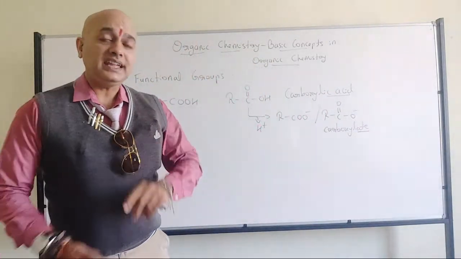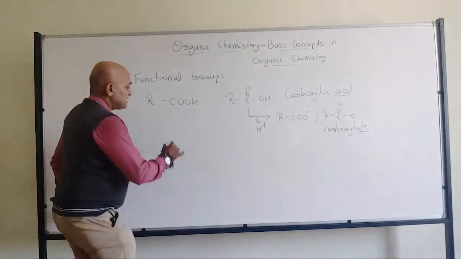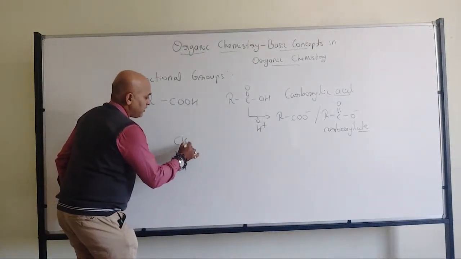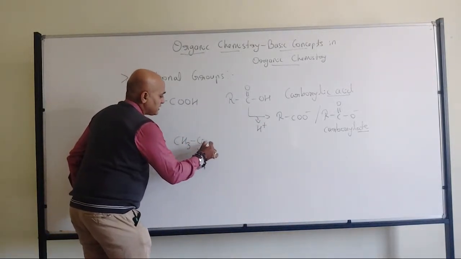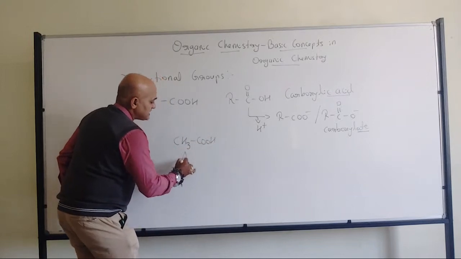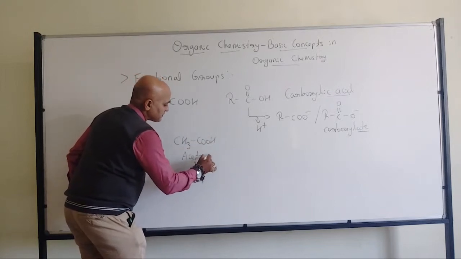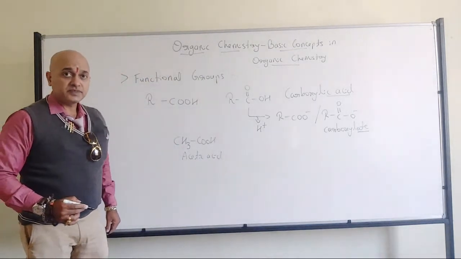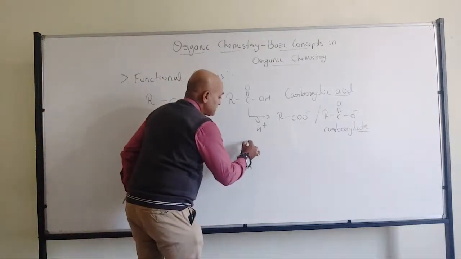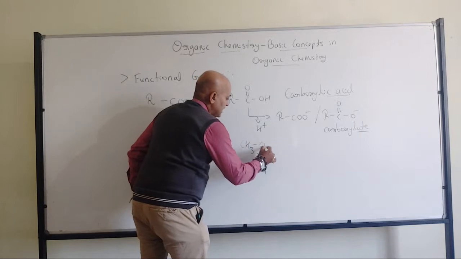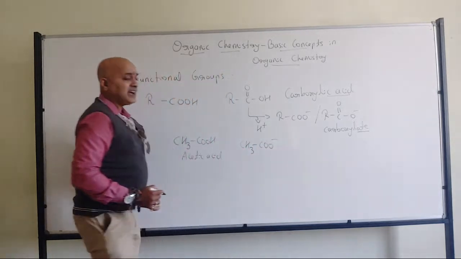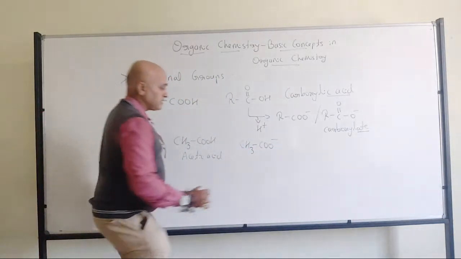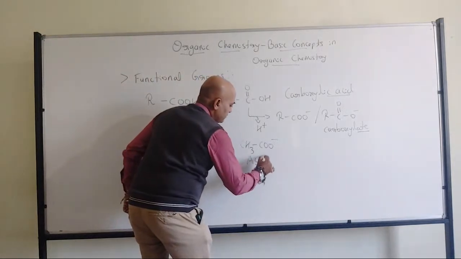If you remember, yesterday we discussed one of the molecules. What is this? The common name is acetic acid. Right? This is acetic acid. Now, once H plus is released from acetic acid, we can write it as acetate. Can you observe here the name of the molecule?